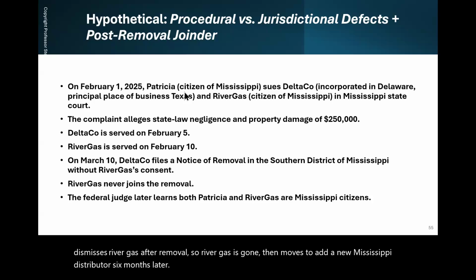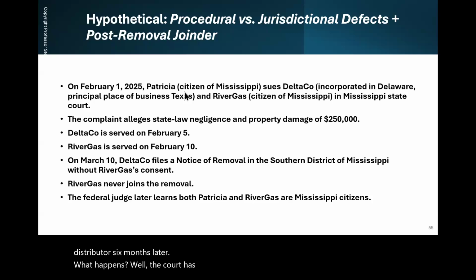What happens? Well, the court has two options under 1447(e). The court can either deny the joinder and retain the jurisdiction, or the court can permit the joinder and remand the case back to state court.